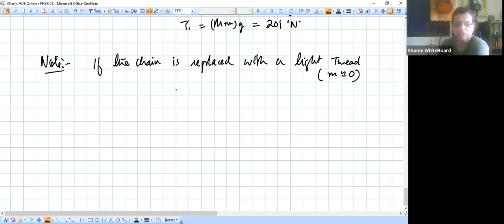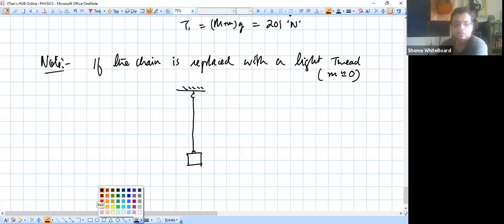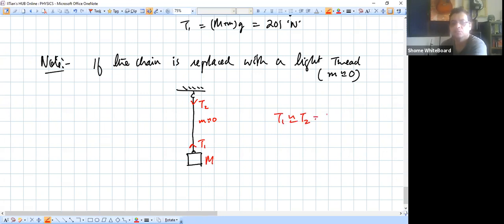But mind you that the string or rope, the thread, is made of strong material, so it can withstand the amount of tension. So in that case, the tension at this end, let's say T1, will be equal to the tension at this end because the mass of the rope is tending to 0. T1 will be equal to T2 will be equal to capital Mg. And that will be the same as the tension at any other point.